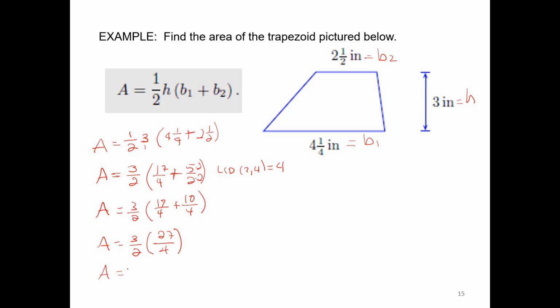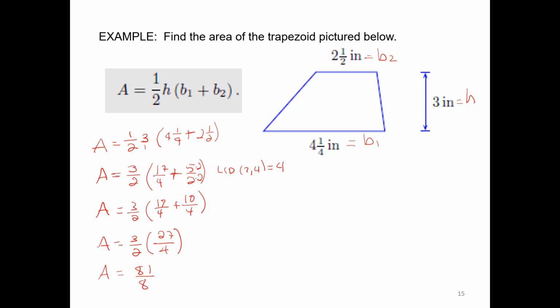Finally, we multiply, and we have to follow the order of operations. First, what we had in the group symbols. Now the last thing we have to do is multiply the numbers. 3 times 27 is 81, 2 times 4 is 8.